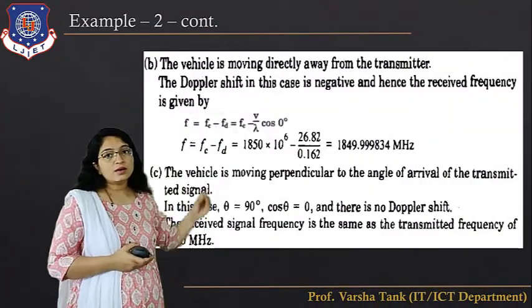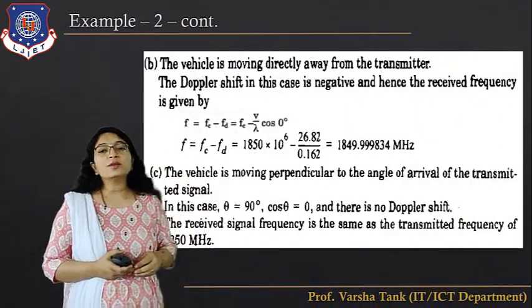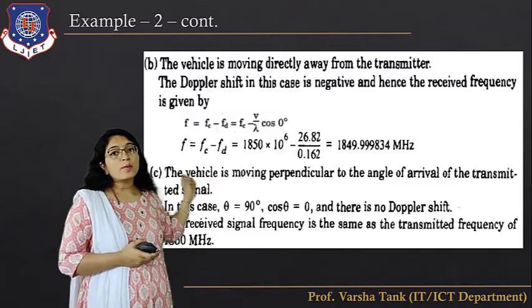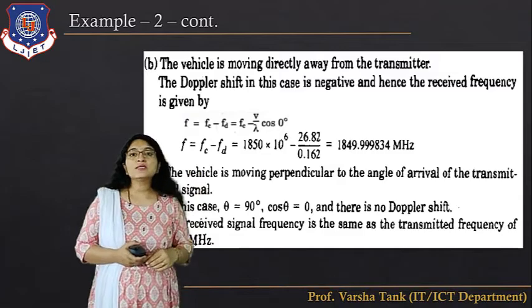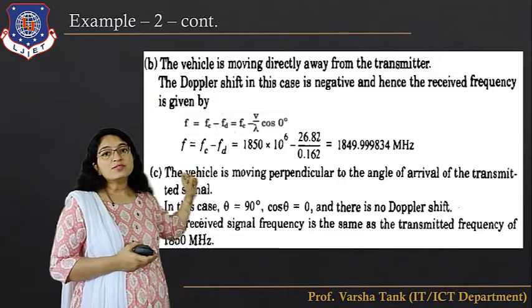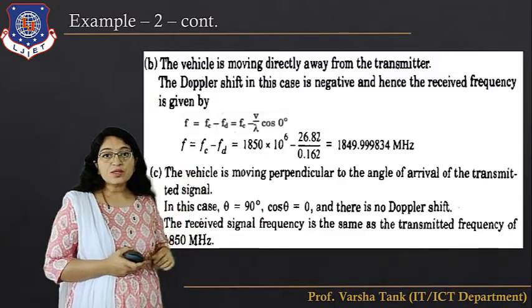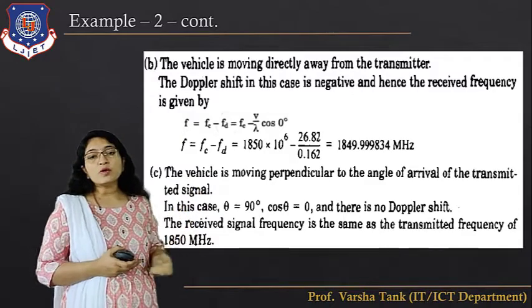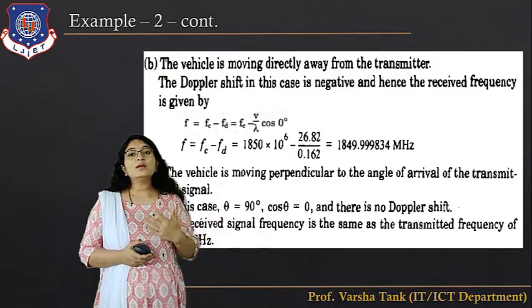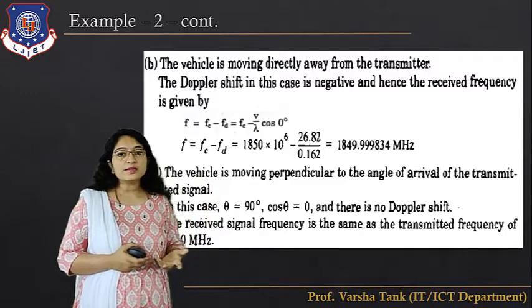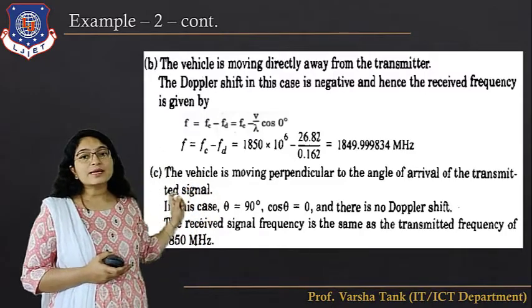Next, the vehicle is moving directly away from the transmitter. The Doppler shift in this case is negative, and hence the received frequency is given by f is equal to fc minus fd, so fc minus v upon lambda cos theta. Since it is moving away from the transmitter, f is equal to fc minus fd.